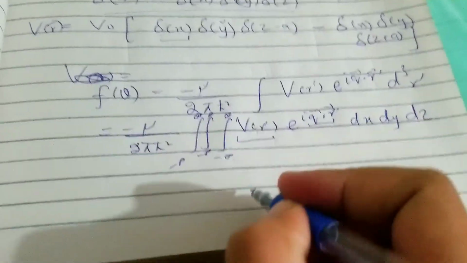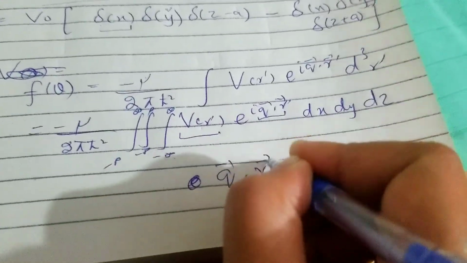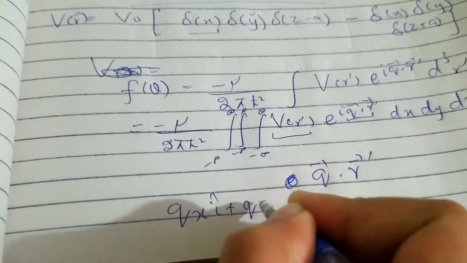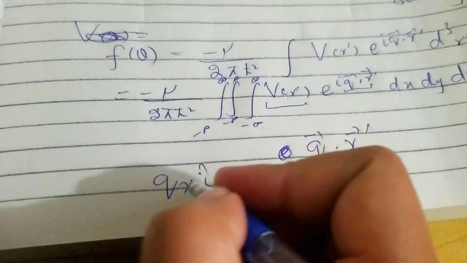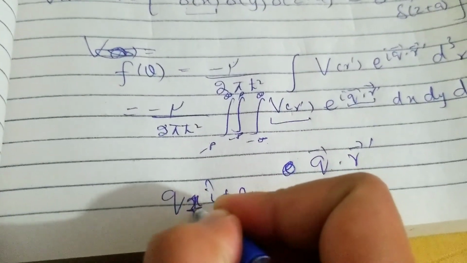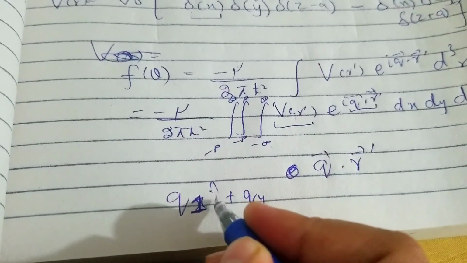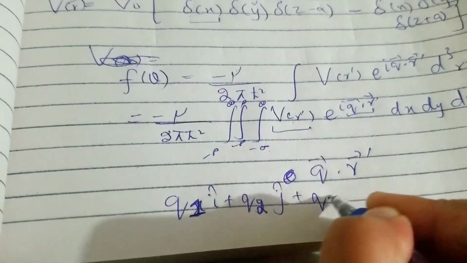write this dot product, and for this we need to find q dot r prime. Now q is q_x, q_y. Here x and y are in subscript. There is a better way to do this, which is to take the component of q corresponding to the x direction as q1, this one q2, and this one q3.